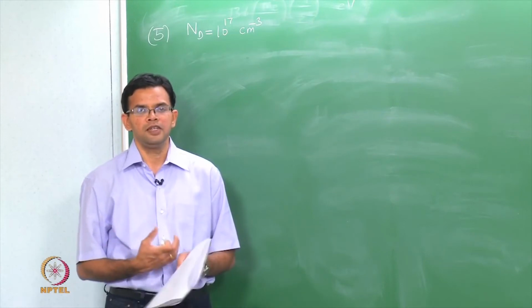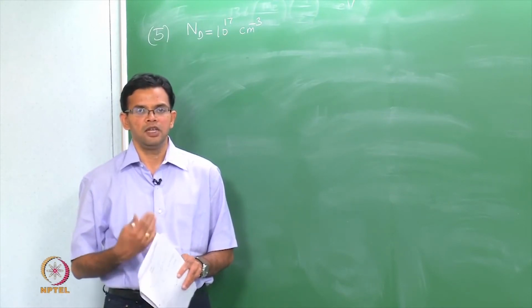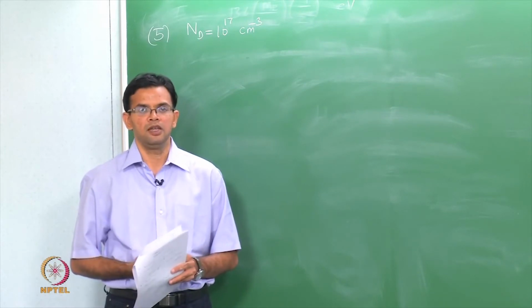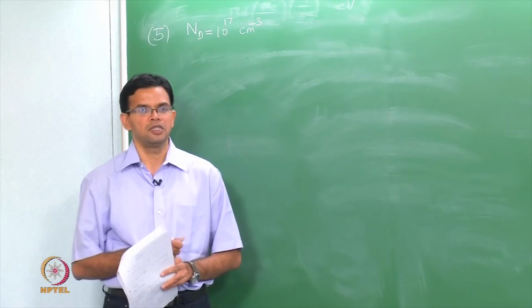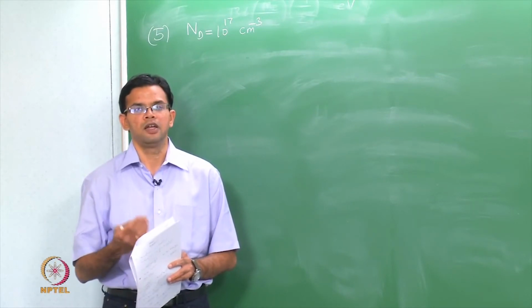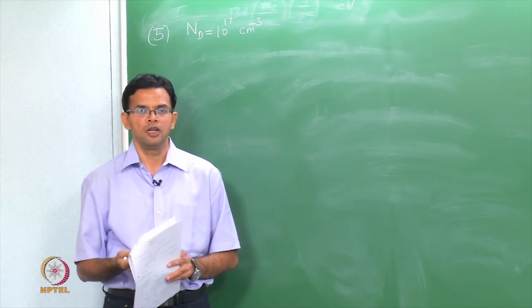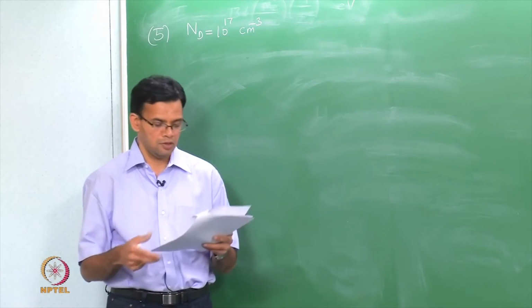Usually we take the drift mobility to be a constant, but actually with increase in doping, especially in extrinsic semiconductors, the mobility actually decreases. We have seen this in class. This is because we have the electron or the hole being scattered by the ionized donor or the acceptor.